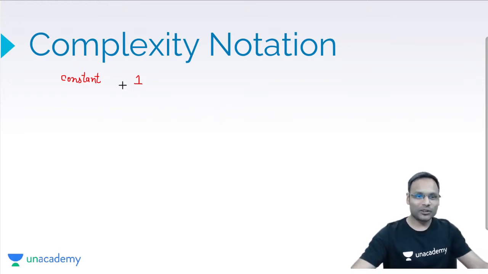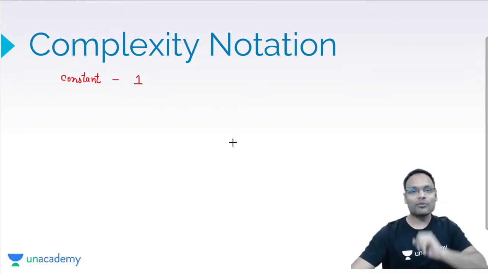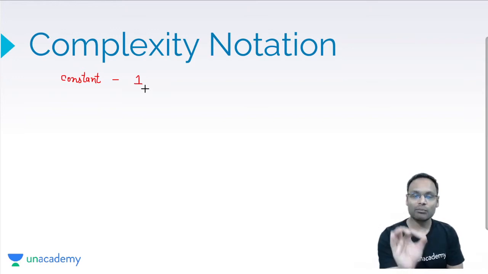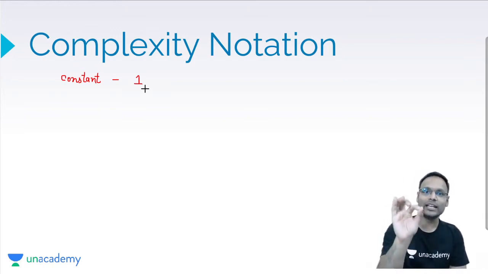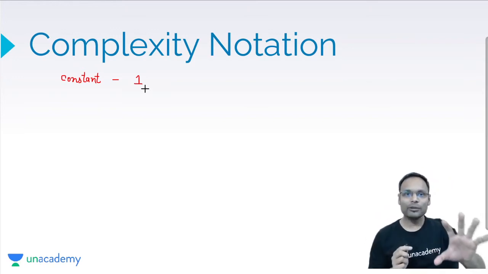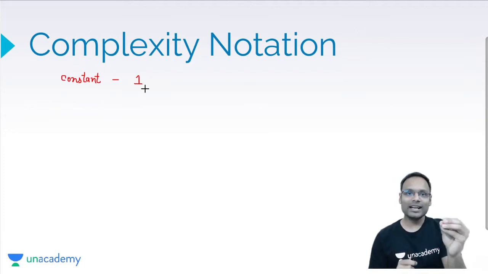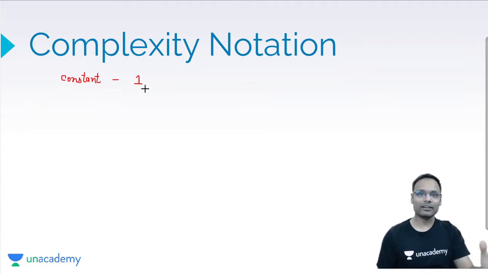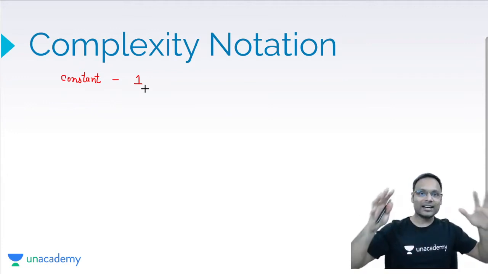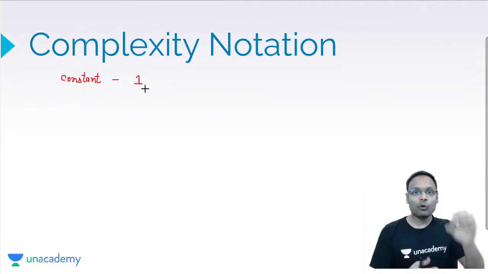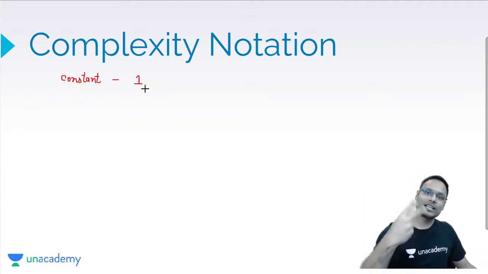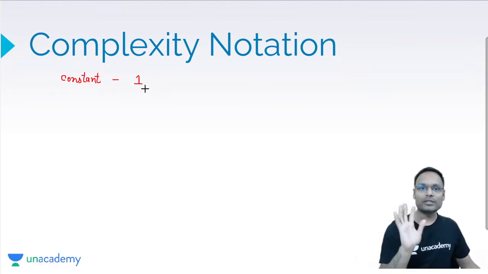Now you will ask a cross question: sir, you told the number of steps is 2, but why are you writing 1? Dear, I told you, it's a notation for having a constant number of operations always for any input size. If I give you an algorithm, and you run it for any size input, n equals 1, 2, 3, 500, 600, 800, 8 lakhs, 2 crore, whatever number of inputs you provide, it always takes 2 steps only, or let's say 5 steps only.